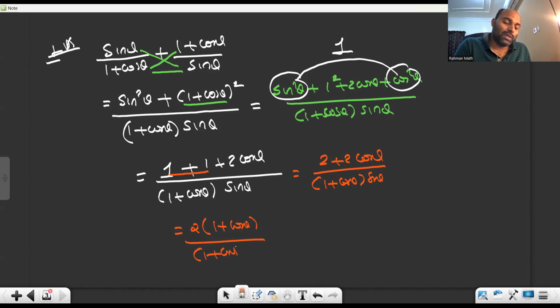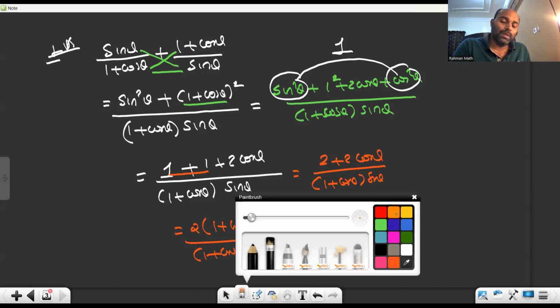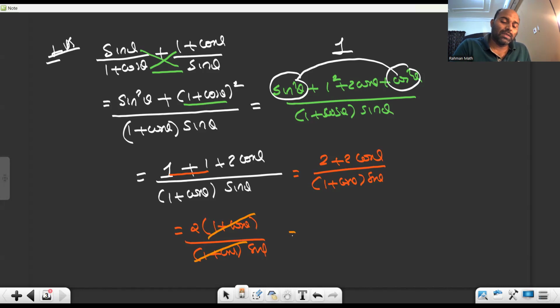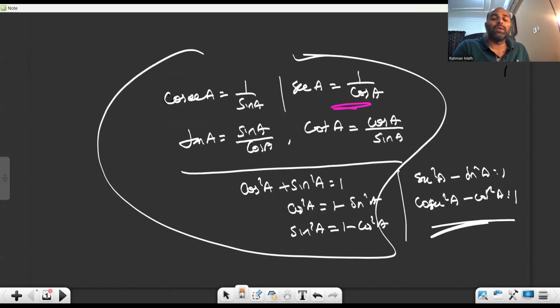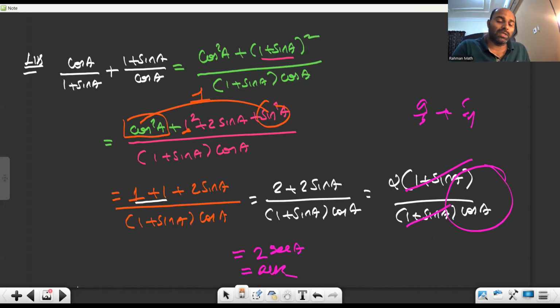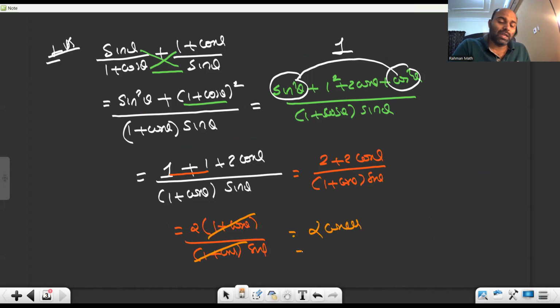So 1 plus cos theta into sin theta: you can cancel this and this. What is 1 by sin? In the beginning I told you, 1 by sin is cosec theta. So cosec theta, that is what your RHS is. So don't forget what we did. This is the procedure. Anybody have a problem? Let me know. Next, third question.